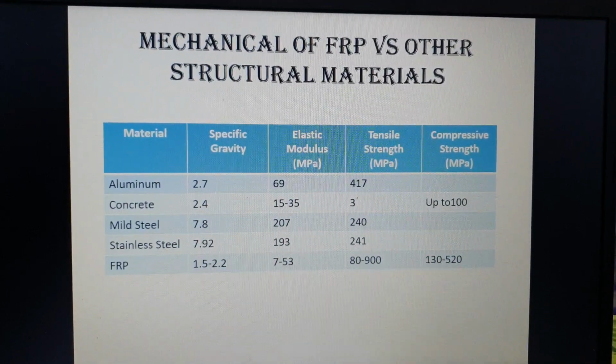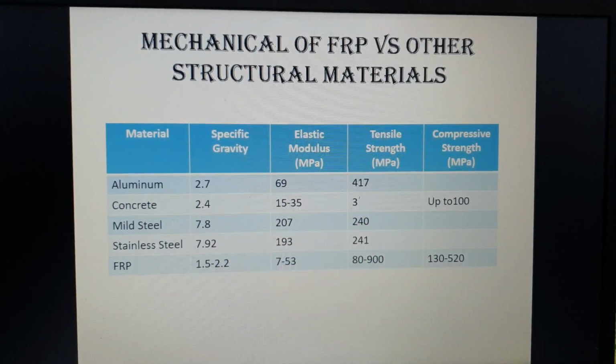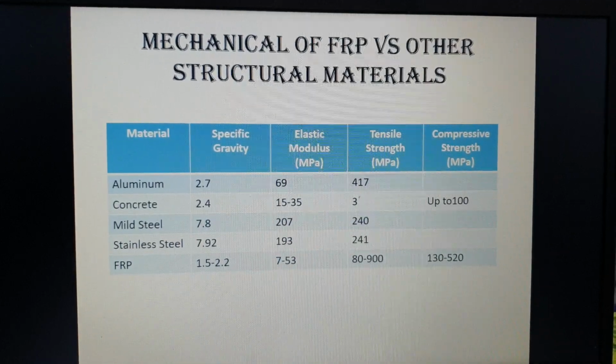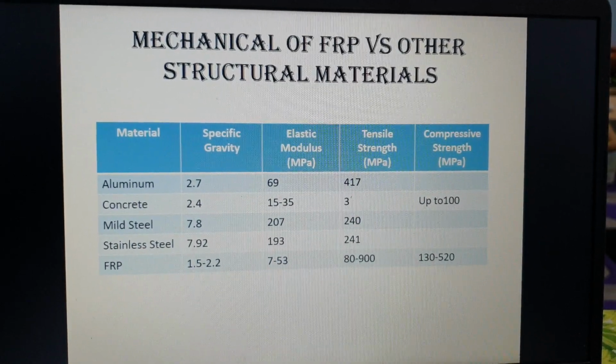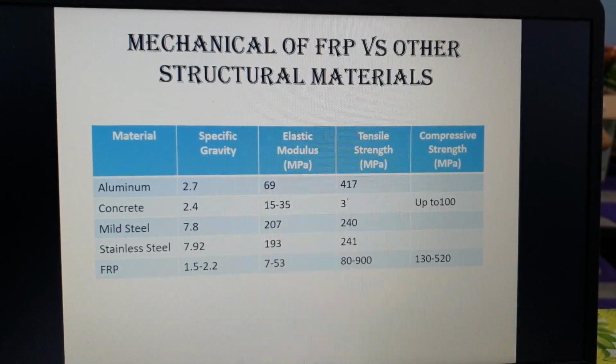Okay, this is the mechanical comparison of FRP versus other structural materials. You can see we compare aluminium, concrete, mild steel, stainless steel and also FRP, in terms of specific gravity, elastic modulus, tensile strength and compressive strength.